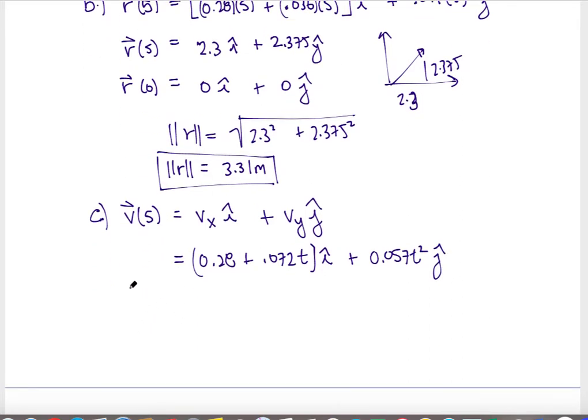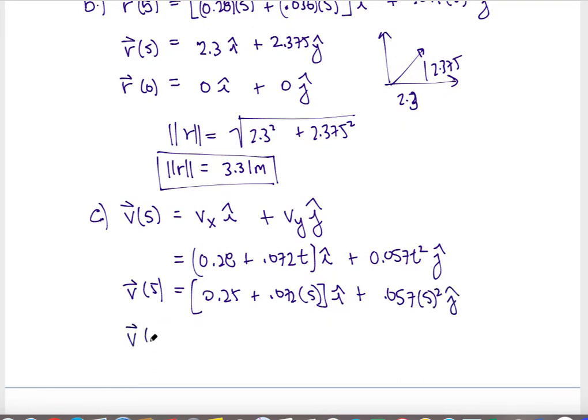And so this is my velocity as a function of time. So now I just want to find velocity at 5 seconds. So I'll substitute in 5 for all of my instances of t. So I'll have 0.072 times 5, and this is my i hat. Oh, I have one too many parentheses here. Plus 0.057, that is not a 7, 0.057 times the square of 5, j hat.